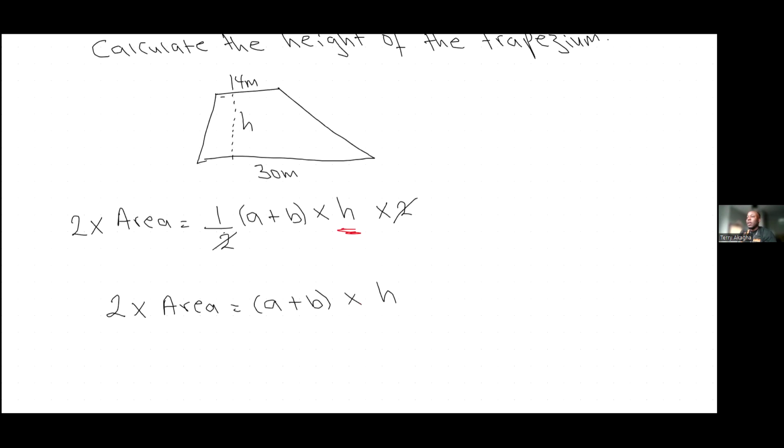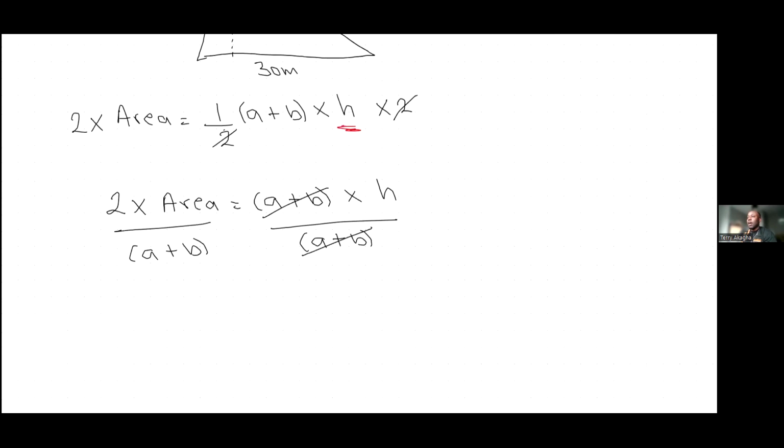Now I need to get rid of the A plus B, so I'm going to divide both sides by A plus B. Now A plus B will cancel A plus B. Therefore, the height is going to be 2 times area divided by A plus B. There we can now solve.